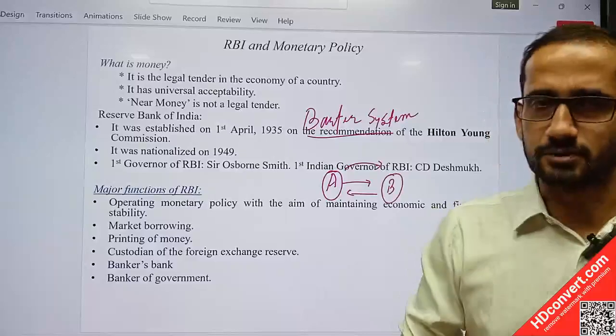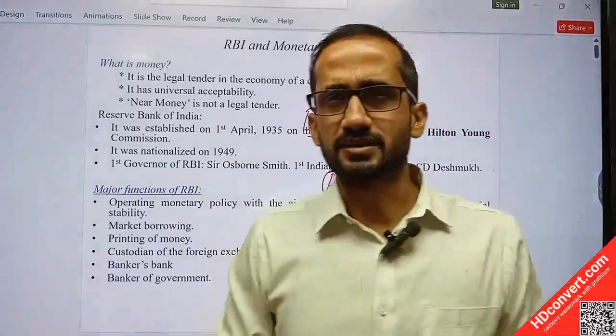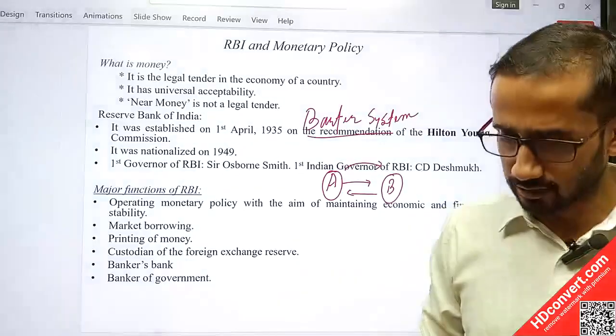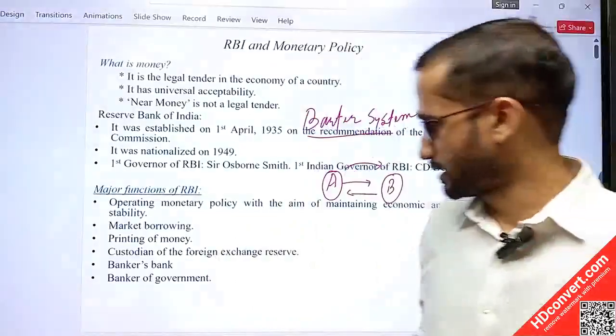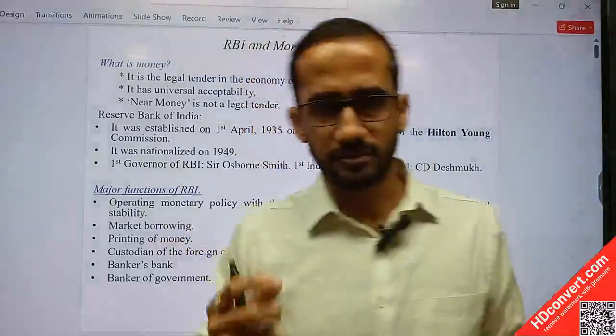So gradually the concept of money developed, and money is nothing but a universally accepted medium of exchange. Different countries may have different currencies.